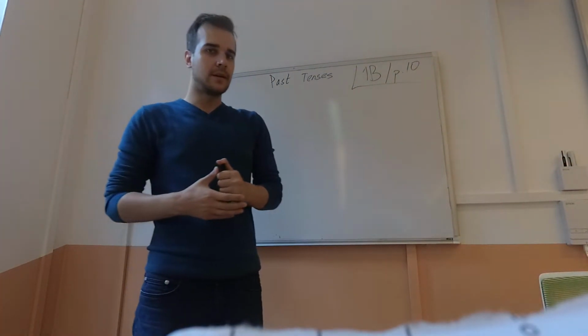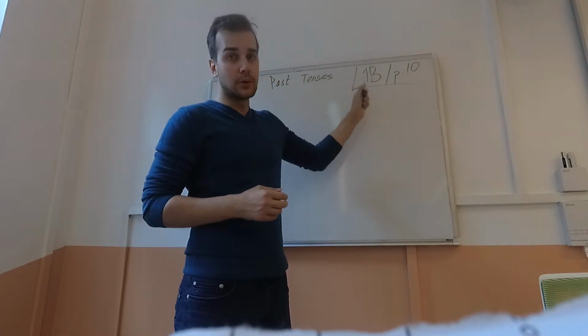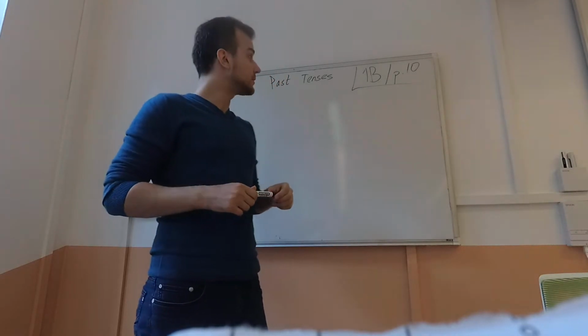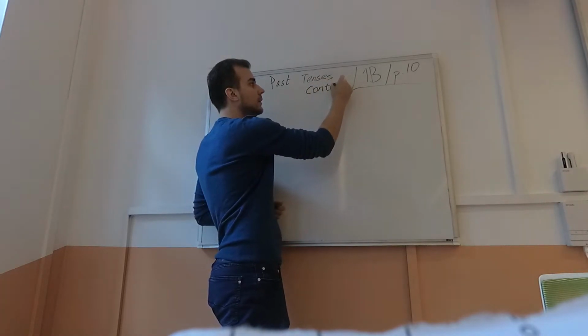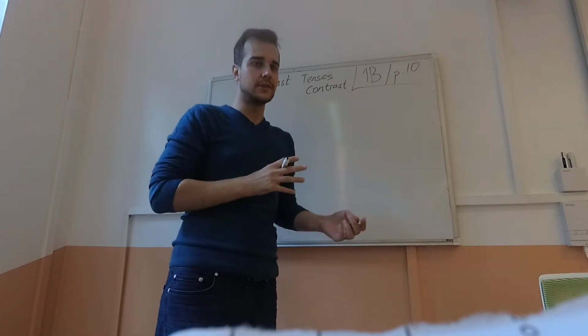Let's have a look at page 10 in your book, topic 1b. As you see, the name of this topic is called past tenses contrast. And when I contrast something, I want to compare it with the other.